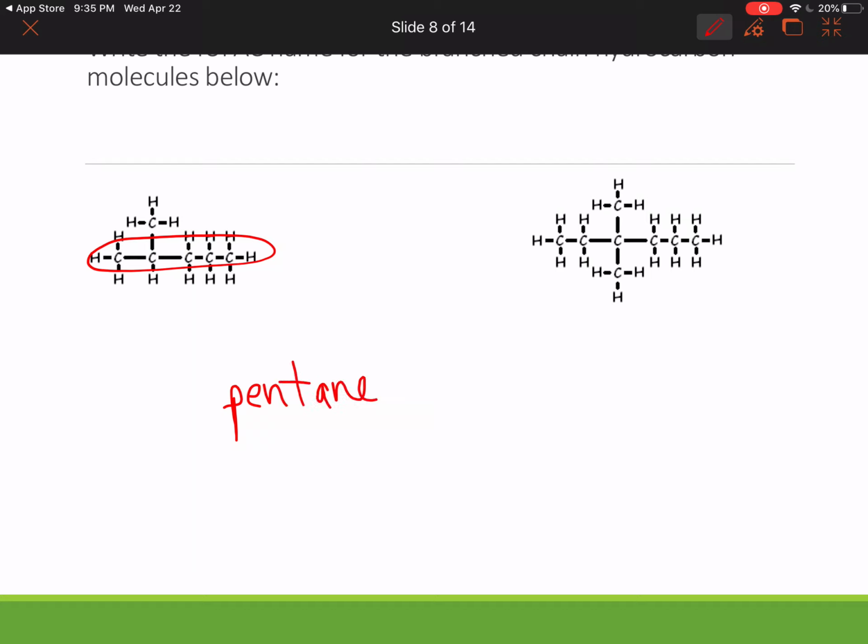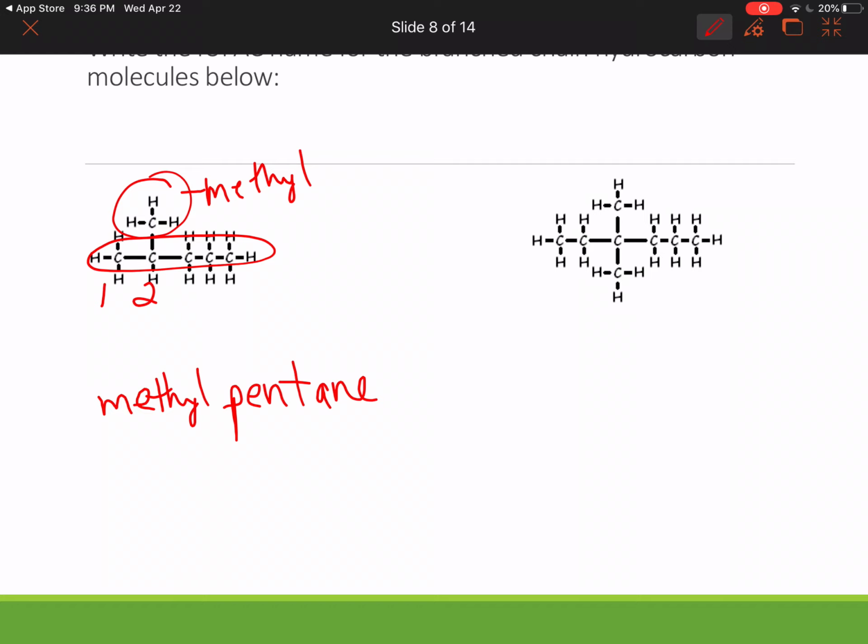And there's single bonds all the way through, right? So pentane. Here is my side chain. I'm going to identify it. It's a methyl. So this is a methylpentane. Where is this methyl? Well, I'm going to count from the end that gives me the lowest number.